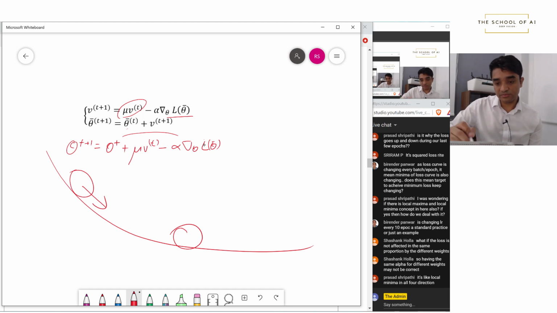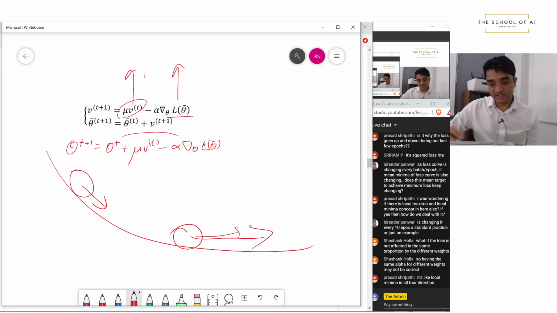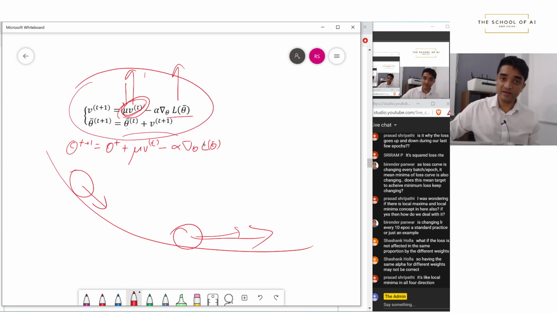But the last update was to move faster. Remember, these are vectors, guys, right? So this vector plus this vector, if you do not add that, because of the last update, I will actually still move faster in that direction. So this is momentum. The mu term is the momentum factor, which you add as 0.9 in SGD or some other value. So what have we done here? I've taken the momentum, right? And momentum is what?